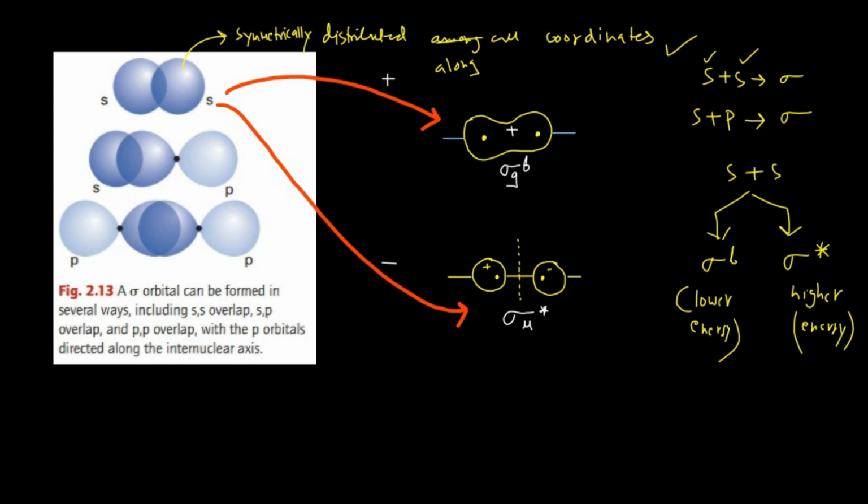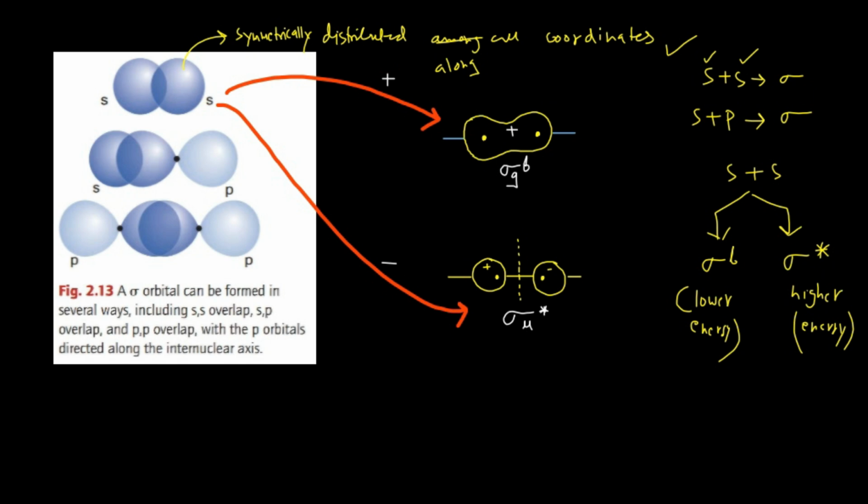Now how can we construct this? Because the s orbital is cylindrically symmetrical along all the coordinates, whenever they combine they form the sigma bond. So this is positive overlap, that means constructive interference.